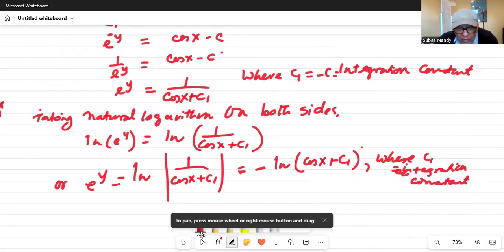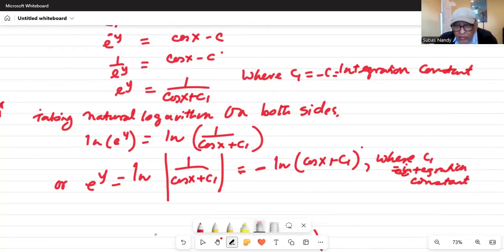Let me write that clearly. The integration constant should be written clearly.